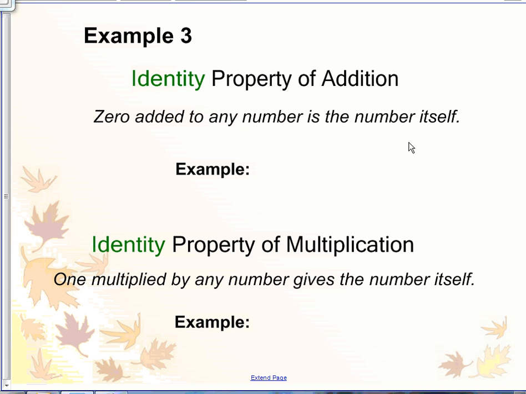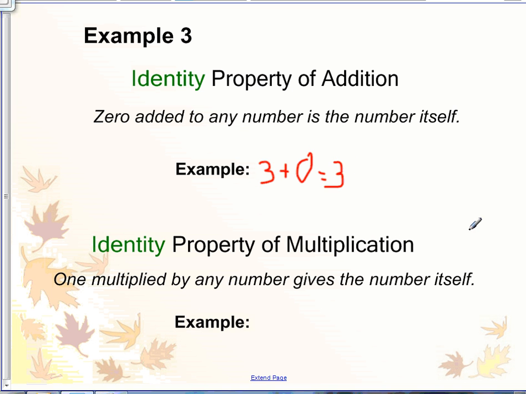The identity properties are a little bit different for addition and multiplication. In the identity property of addition, we have 0 added to any number is the number itself. So for example, if I have 3 plus 0, I'm adding 0 to a number, it's going to equal that number.